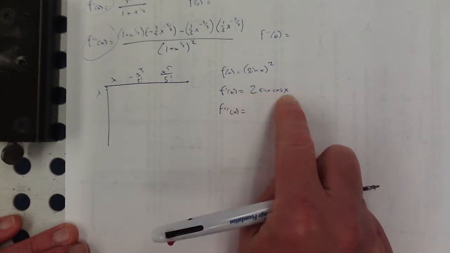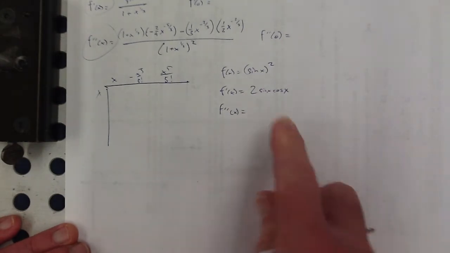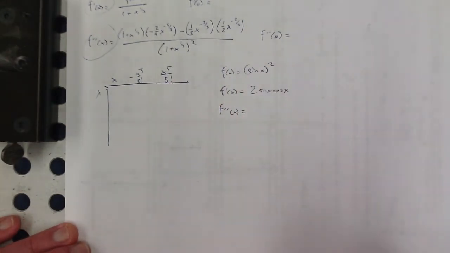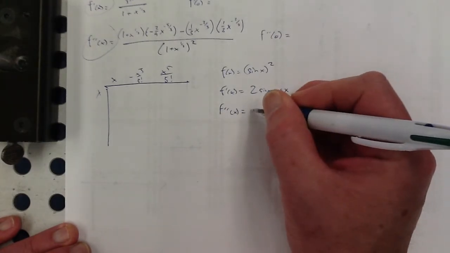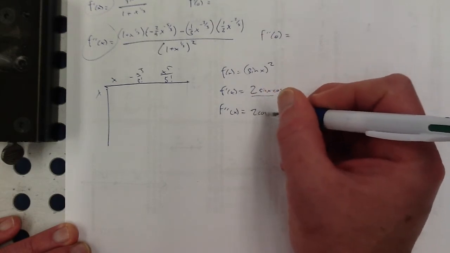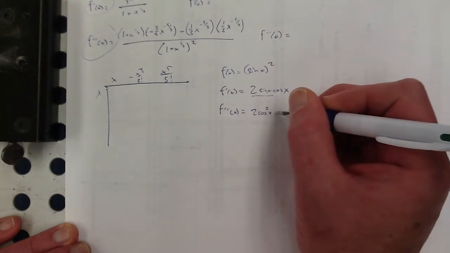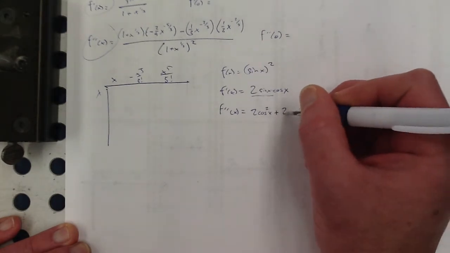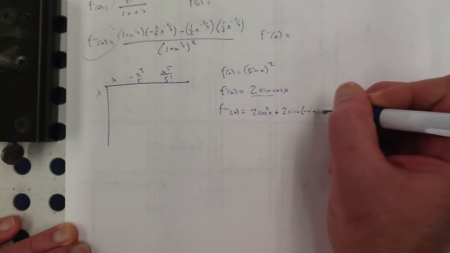So if you want to turn this into sine of 2x, that actually makes the derivative taking easier. But if you didn't recognize that, you can just use the product rule. And that's going to be 2, I'll take 2x to be like the first. Derivative of the first times the second plus the first times the derivative of the second.